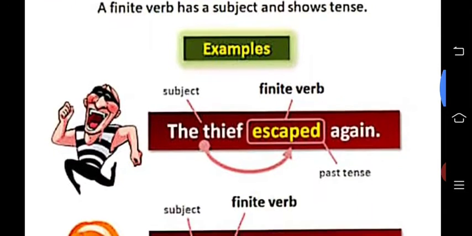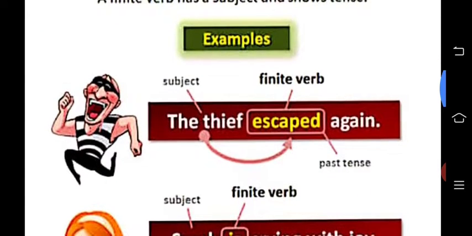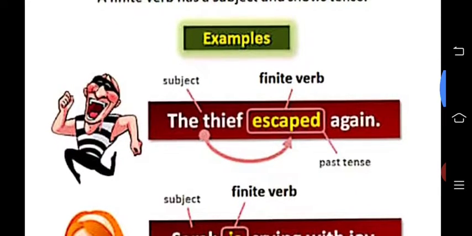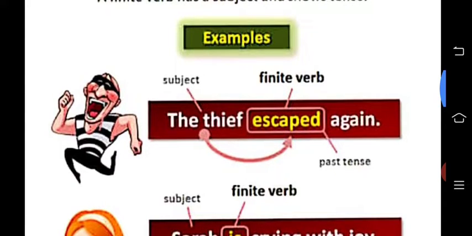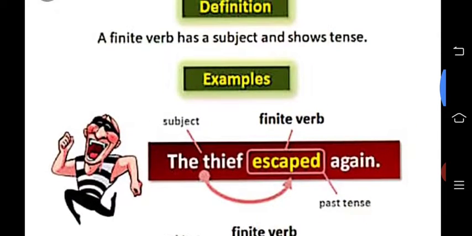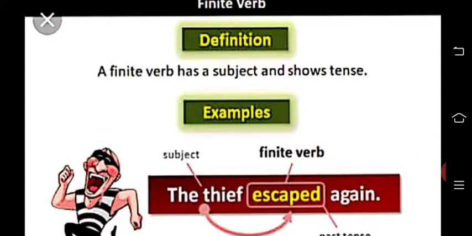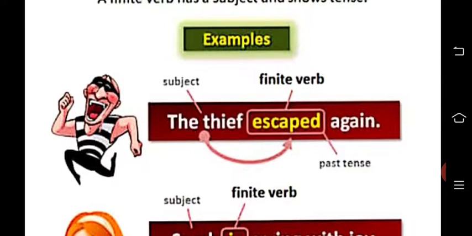For example, the thief escaped again. So see, the thief is a subject. Escaped is a finite verb. And what I told, it shows tense. So escaped comes under past tense form.